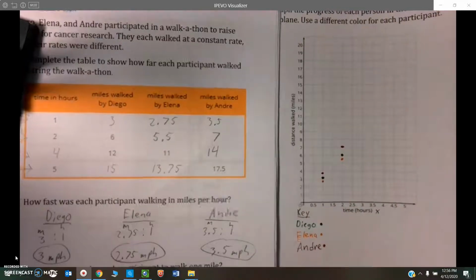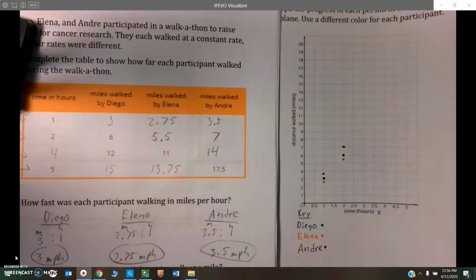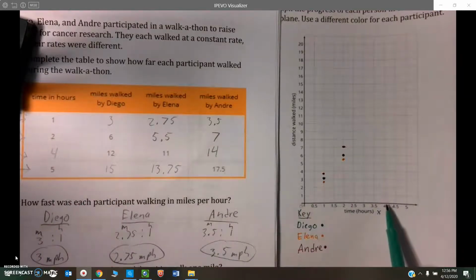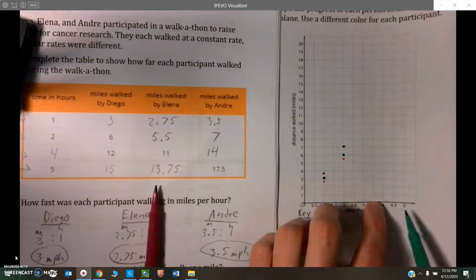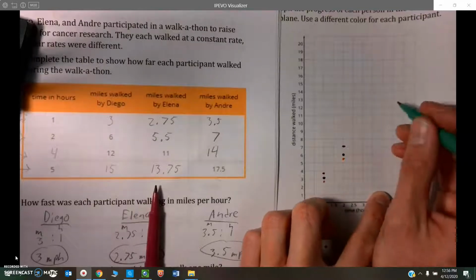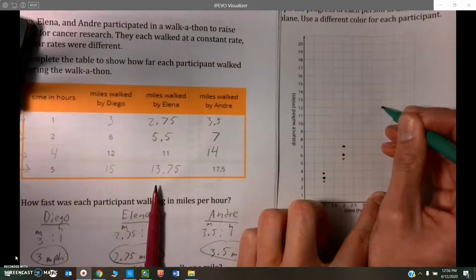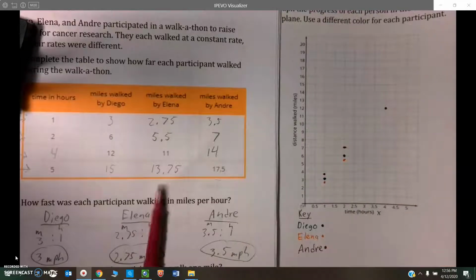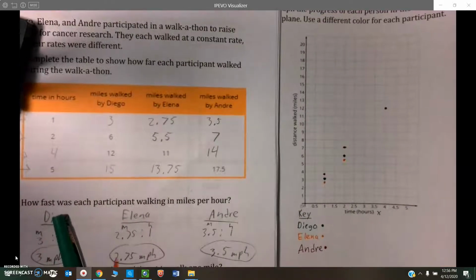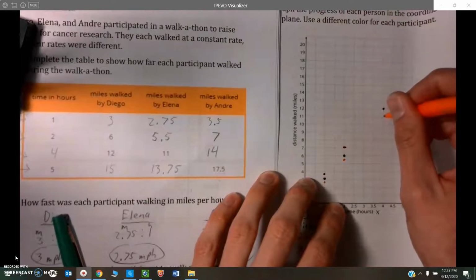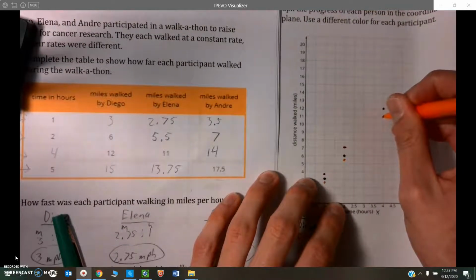All right. And now 4 hours. So Diego walked 12 miles in 4 hours. Go over to 4. And then go up to 12. All right. And Elena did 11 miles in 4 hours.